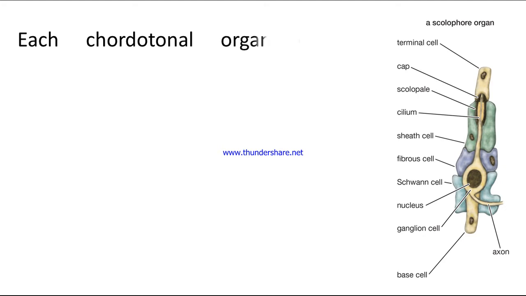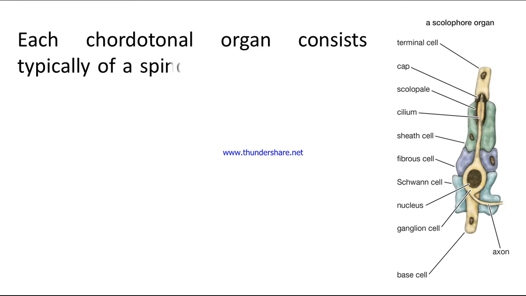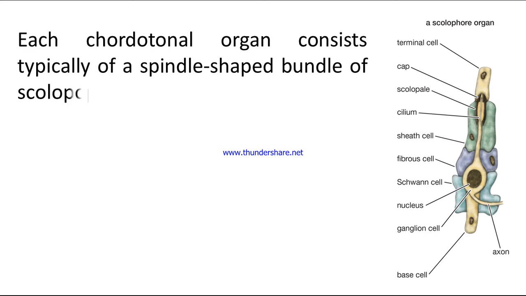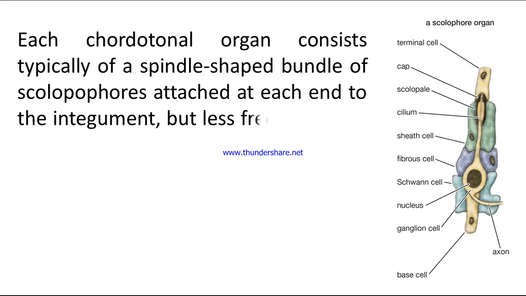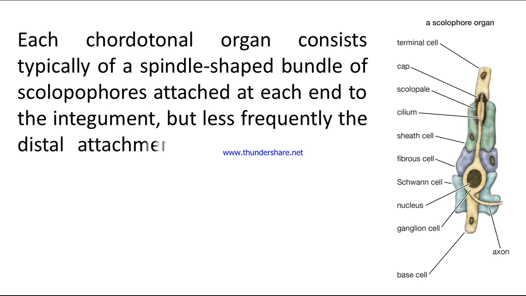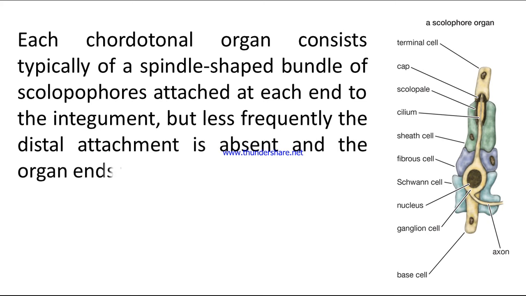Each chordotonal organ consists typically of a spindle-shaped bundle of scolophores attached at each end to the integument, but less frequently the distal attachment is absent and the organ ends freely in the body cavity.